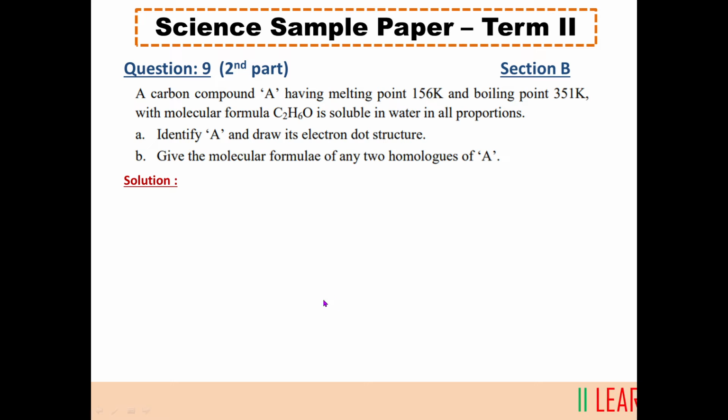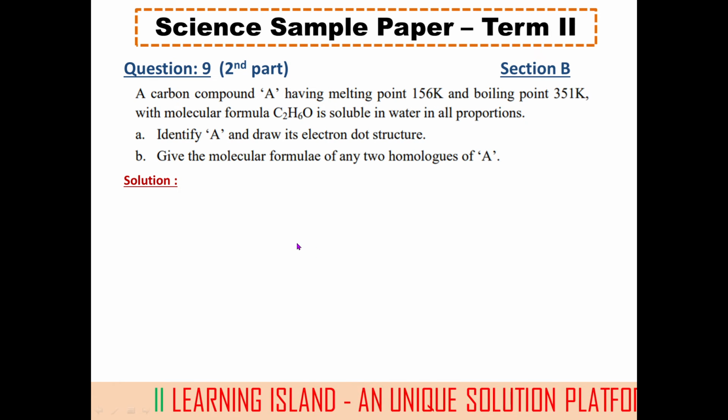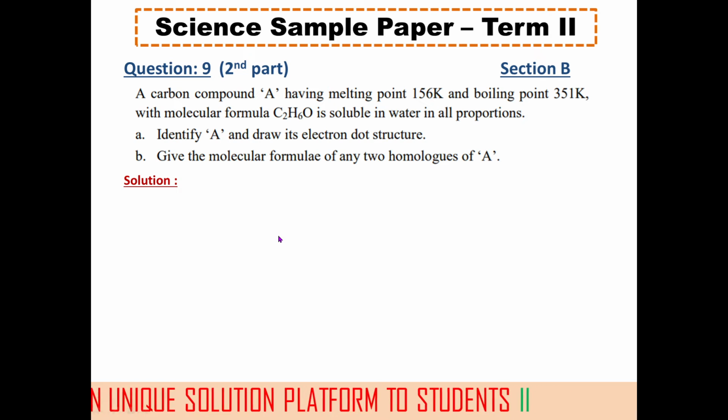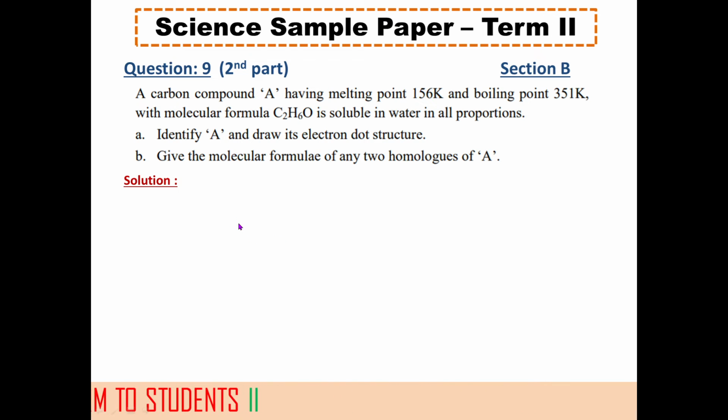Now go to question number 9, second part. A carbon compound having a melting point of 156 Kelvin and a boiling point of 351 Kelvin with the molecular formula C2H6O is soluble in water. So if it is soluble in water, that will be basic in nature.